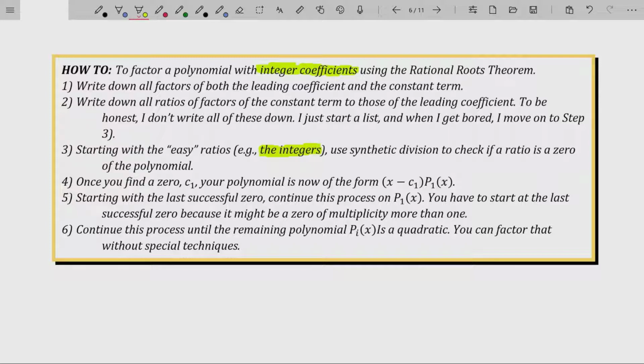Remember, by the remainder theorem, when you use synthetic or long division, the remainder tells you what the value of the function is at that value. And if the remainder is 0, then that means that you have a 0 at that point.